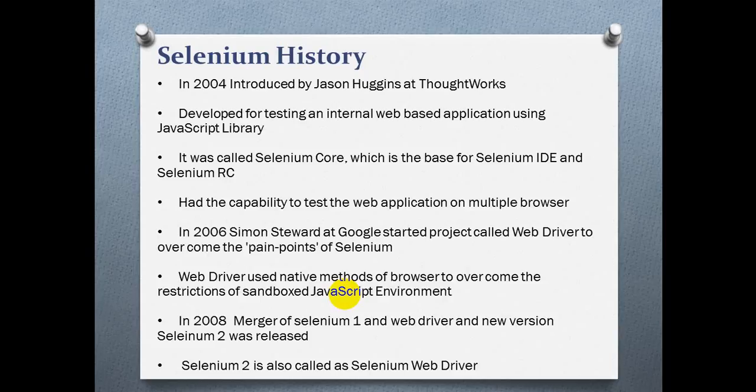That JavaScript library slowly became Selenium. Earlier it was called Selenium Core, which is nothing but Selenium 1.0. Selenium 1.0 or Selenium Core is Selenium IDE plus Selenium RC. RC stands for remote control.